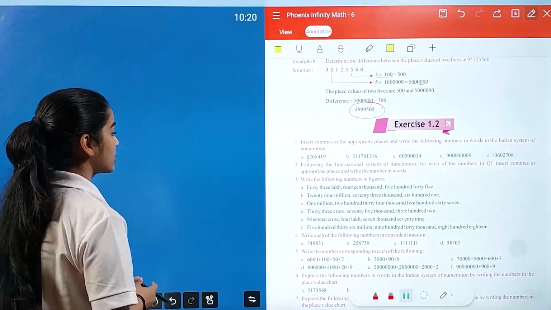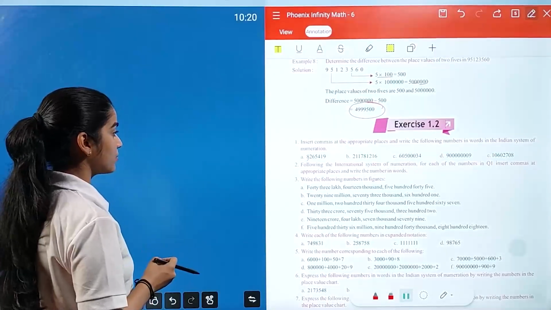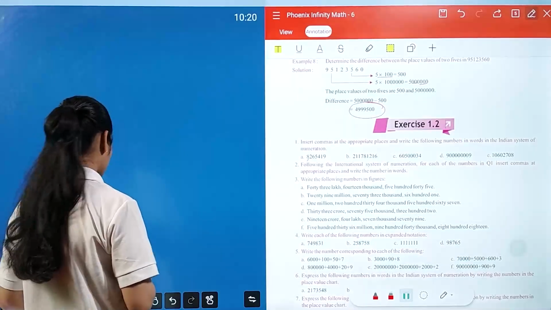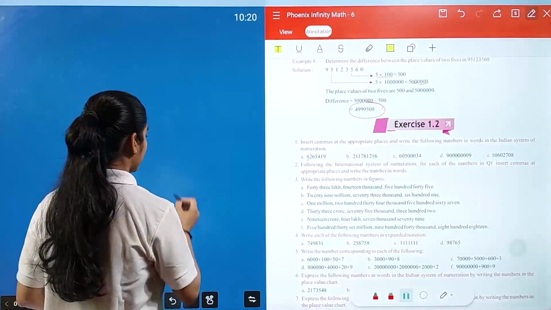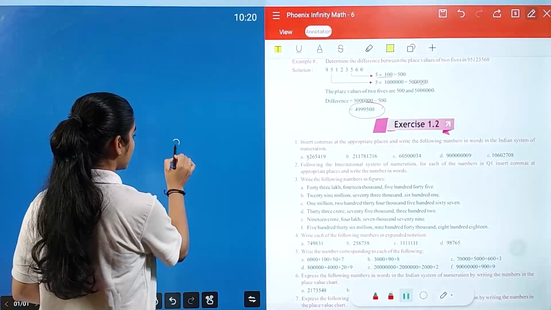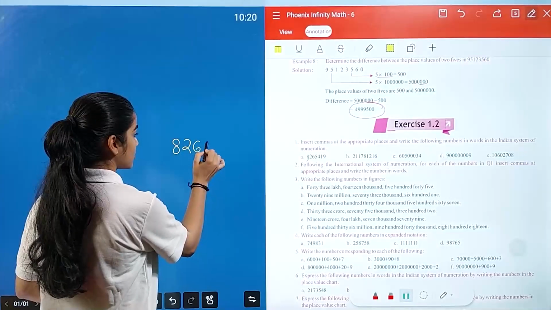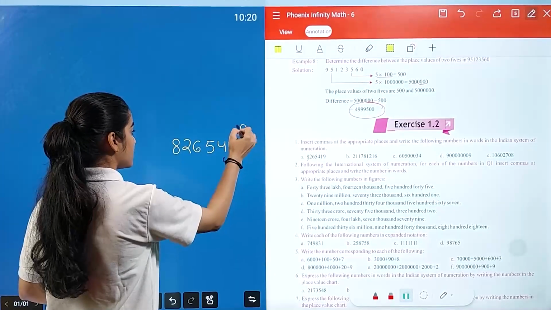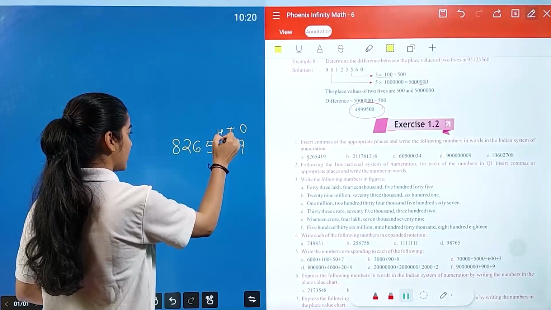Next, follow the international system of numeration for each of the numbers in question number 1. Insert the commas at appropriate places and write the numbers in words. So let's take one more example in the international system. 8, 2, 6, 5, 4, 1, 9. We have ones, tens, 100.